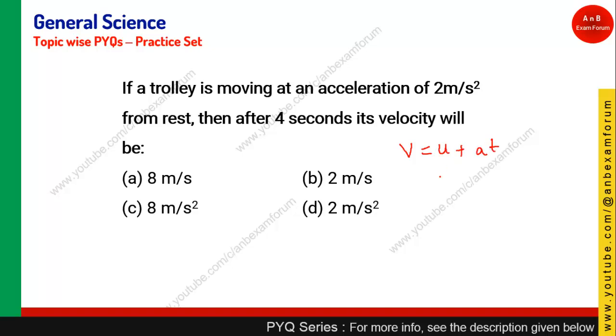Here it is starting from the rest, so initial velocity will become 0. Acceleration is 2 meter per second square and time is 4, so it is 8 meter per second. So 8 meter per second is the right answer. Don't go with option C. It is acceleration, meter per second is velocity. So option A is the right answer.